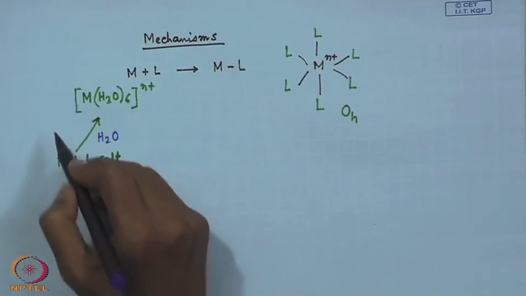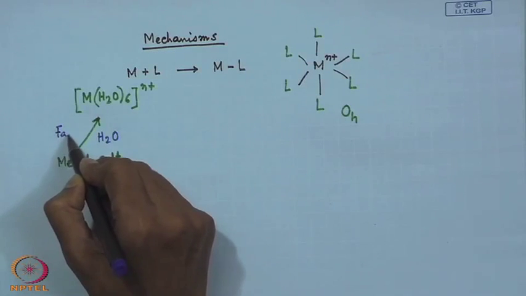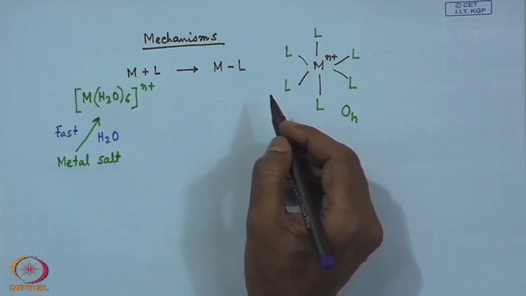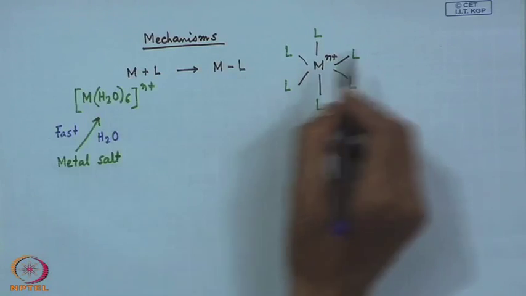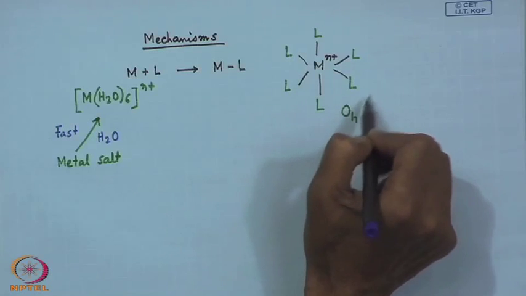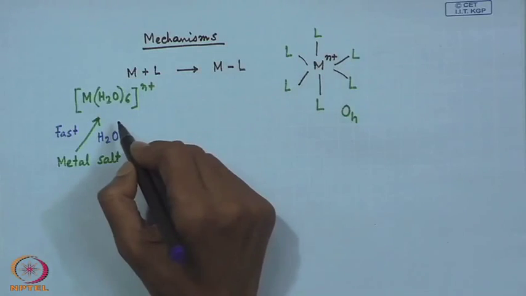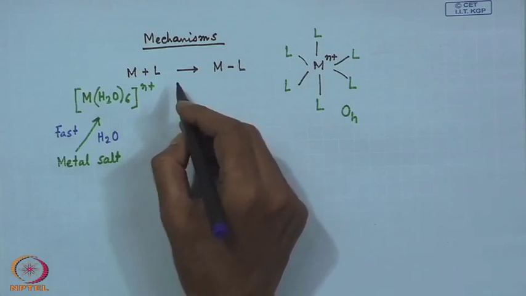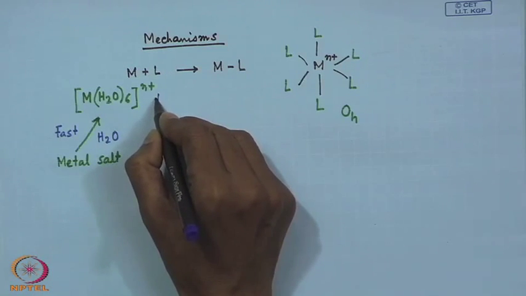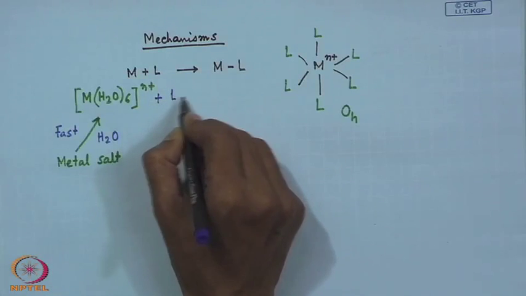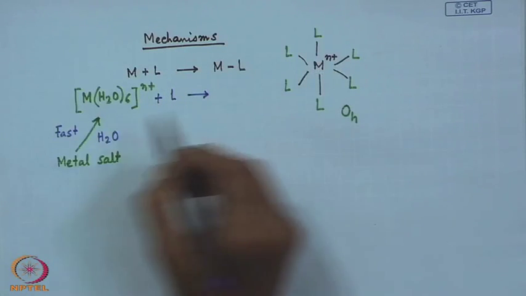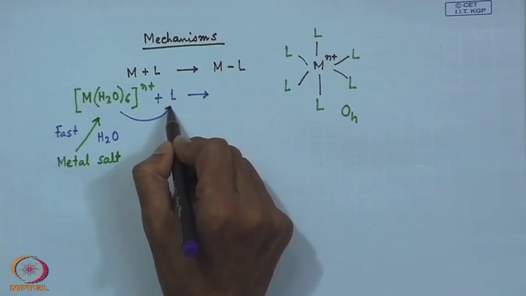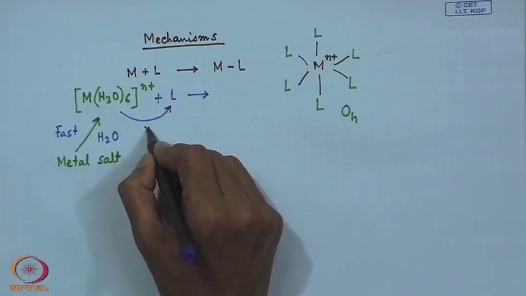This reaction is very fast, and sometimes it is very difficult to monitor. But when we get a different metal complex apart from the hexaaqua compound, which is always present in water solution, we use these ligands, so this L is given. One after another, all six water molecules will be replaced by these L groups.